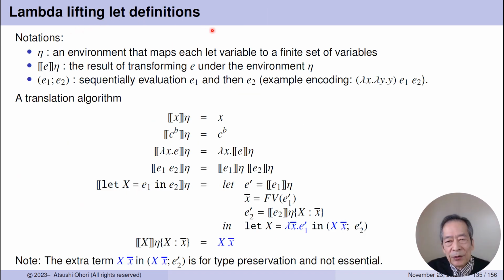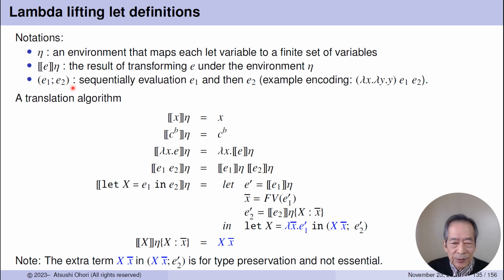Lambda-lifting let definitions. This slide defines the transformation in detail. We use notations. Eta is an environment that maps each let variable to a finite set of variables. And this notation is the result of transforming E under the environment eta.